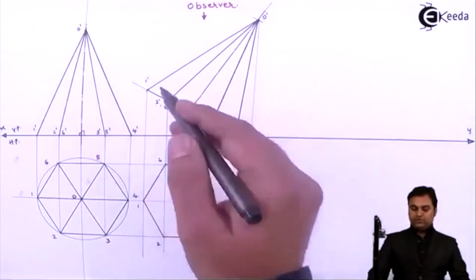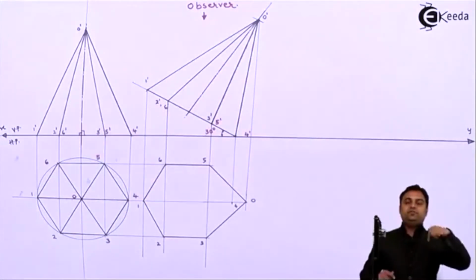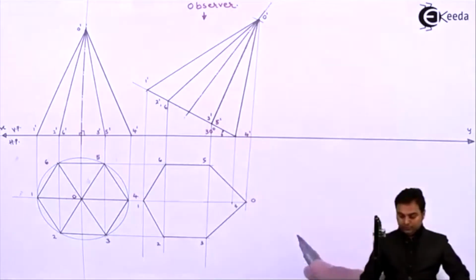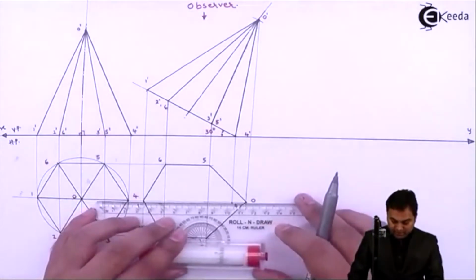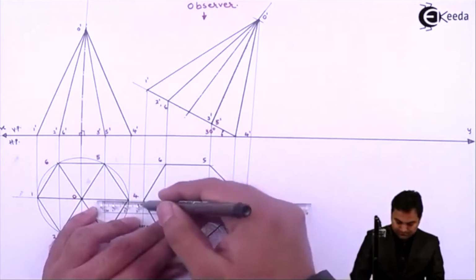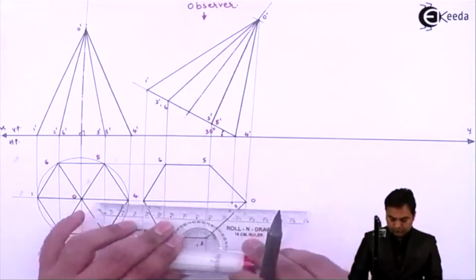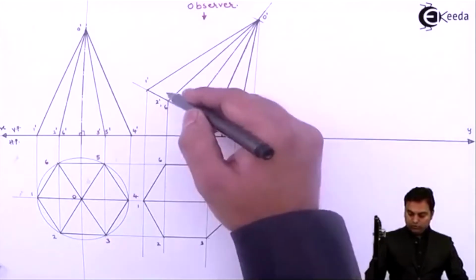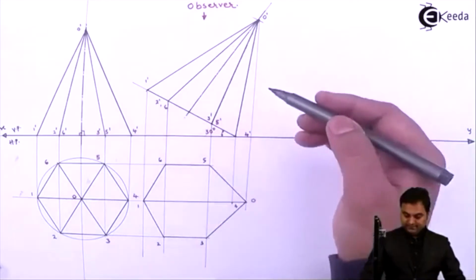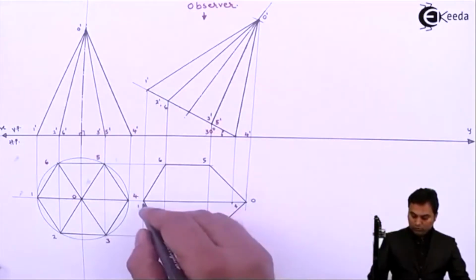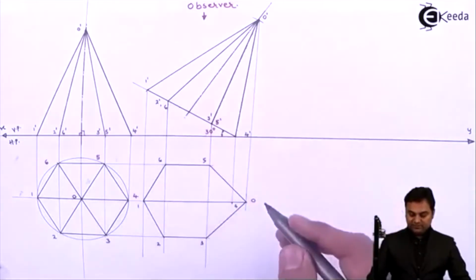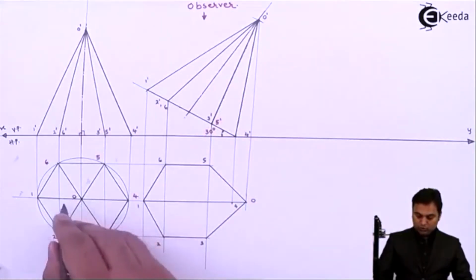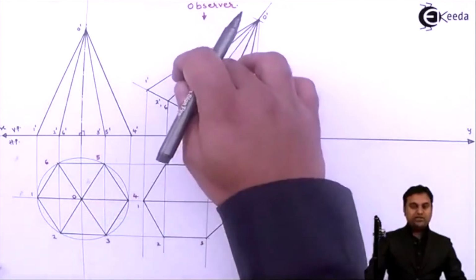Next, O dash 1 dash are connected. It is visible to the observer from the top. So O to 1 will be a dark line. Next, the triangular faces O1 2 and at the same time O1 6 will be visible. That is O1 2 and O1 6, which are here.